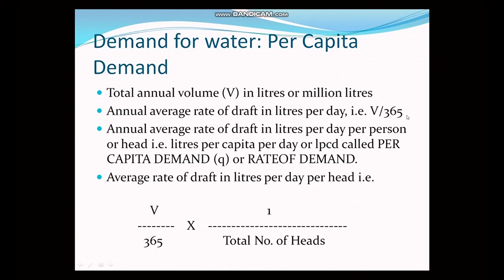Henceforth, the daily average supply of water per head, which is also known as per capita demand, expressed as small q, can be calculated as V by 365, which we already know is the daily total supply of water, divided by the total number of heads.